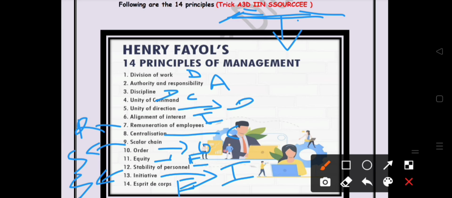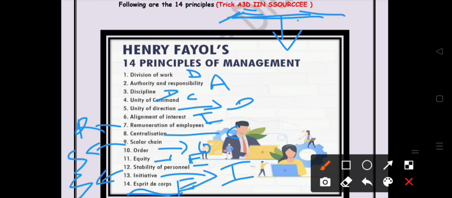Then O, principle of order, will stand for the order. Then next is equity. E stands for the equity. Then next is stability of personnel. S stands for the stability. Then again I stands for the initiative. And the last one, that is E, that is esprit de corps. E stands for esprit de corps.